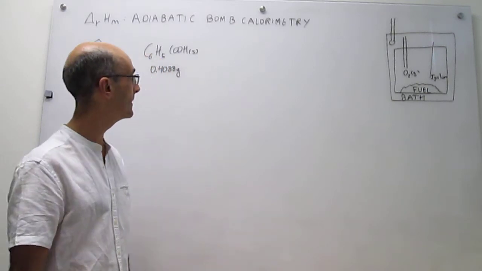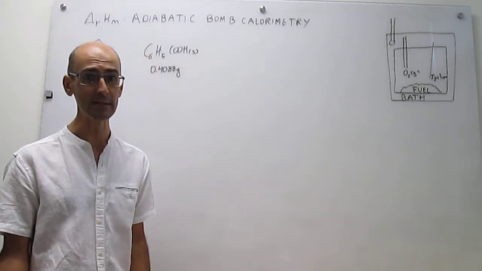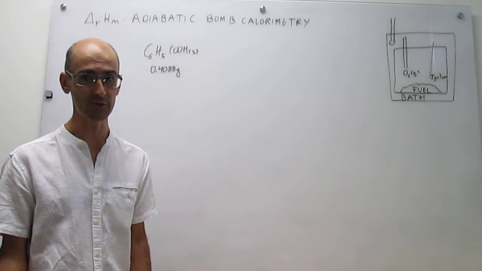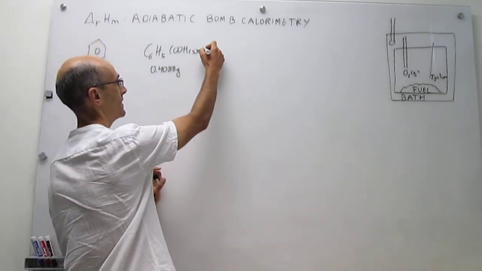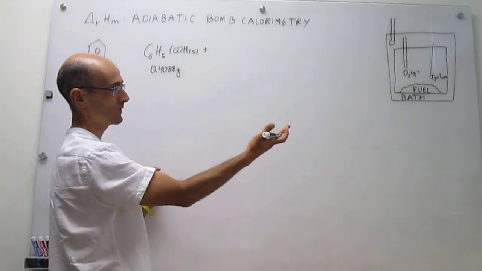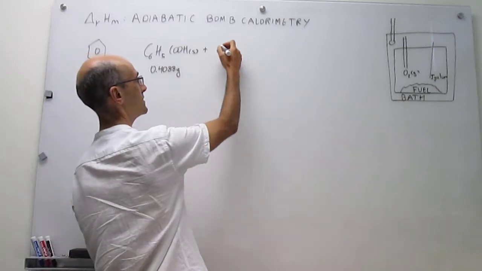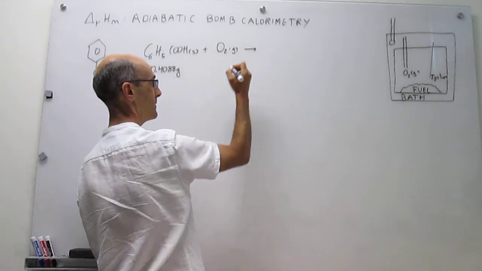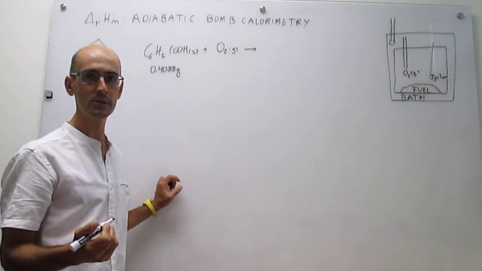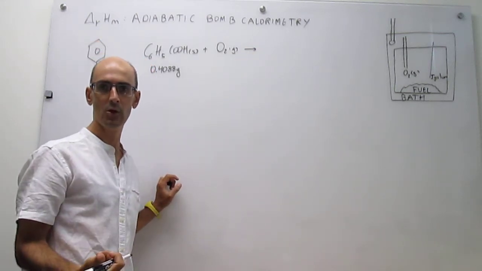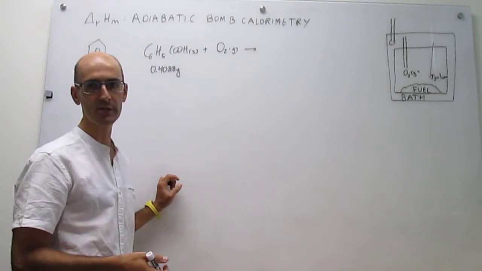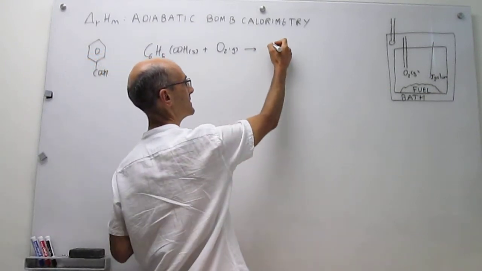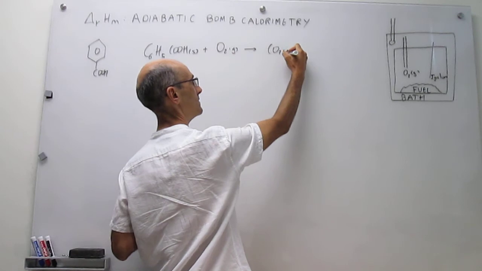Okay, great. So the first thing to do is actually balance what the combustion reaction is, right? So we know that the second reagent, aside from the fuel, is going to be your oxidizer, which in combustion is O2 as a gas. And then the products are always going to be CO2, which under normal pressure and temperature conditions will be a gas, CO2.